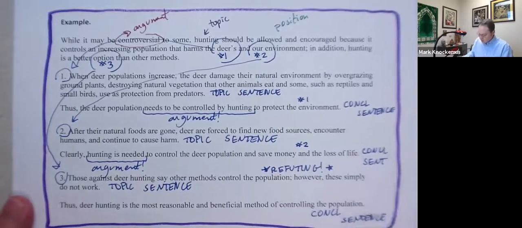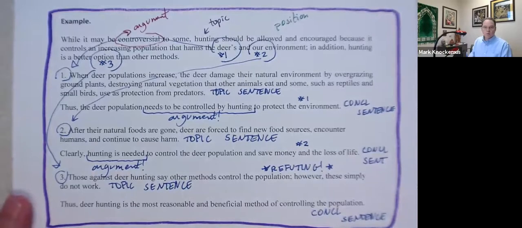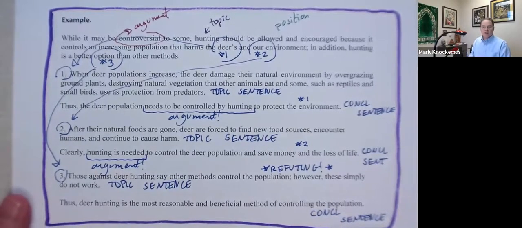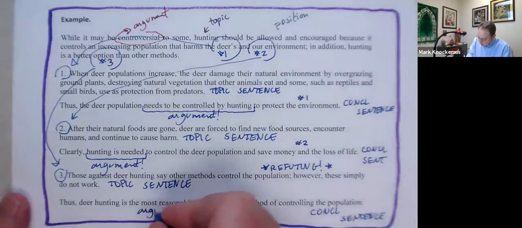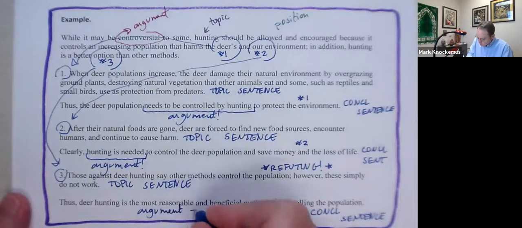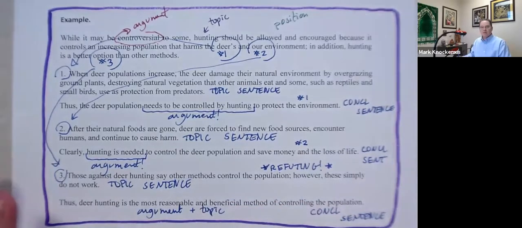And just as before, watch what's going to happen. Thus, deer hunting is the most reasonable and beneficial method of controlling the population. What do I do? I go in here and I restate my argument while I'm marrying it to the topic of that paragraph.